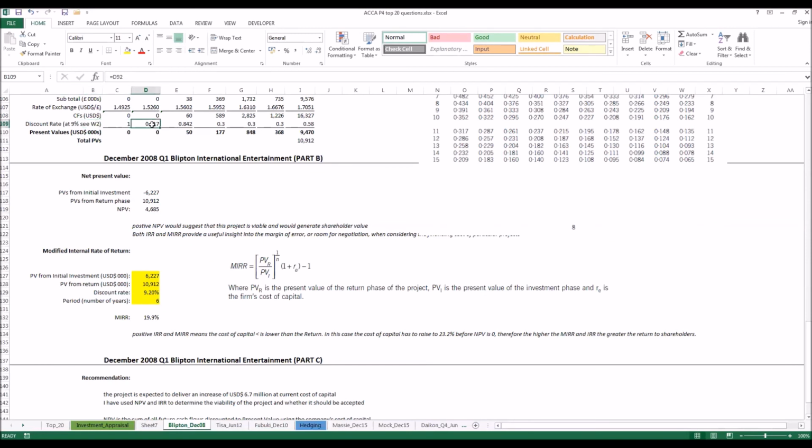How far do these discount factors have to become smaller? And here, the discount rate will need to increase to 23% before your NPV becomes zero.